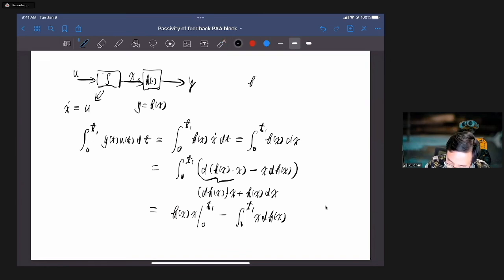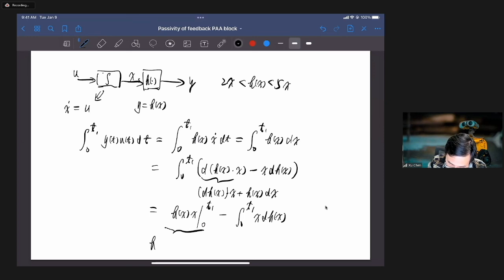And h of x is in this sector nonlinearity. We can say something about these two terms again, right?